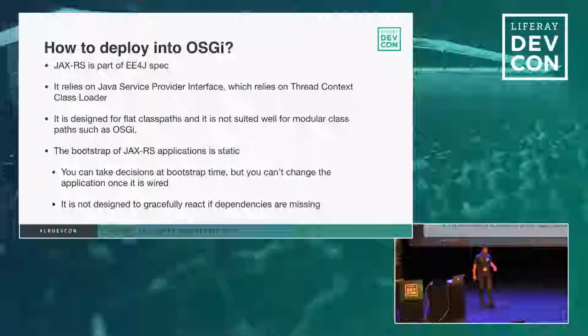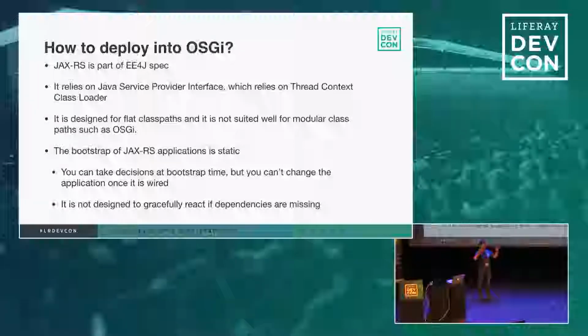On top of that, the bootstrap of JAX-RS applications is static, which means that when you toss your application into your application server or container, it already needs to know everything about the application. There are certain things that you can do when you're bootstrapping your application. JAX-RS allows you, for instance, to deploy features or do other things like dynamic features that allow you to react, depending on the topology of your application, by installing filters or doing other kinds of things dynamically.